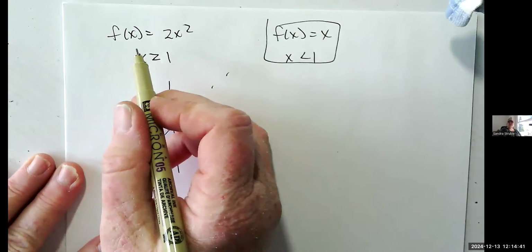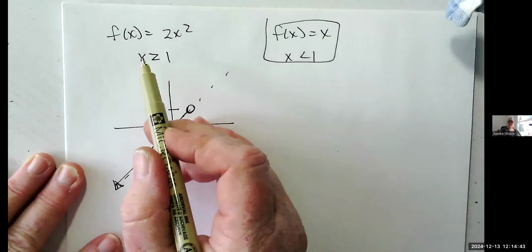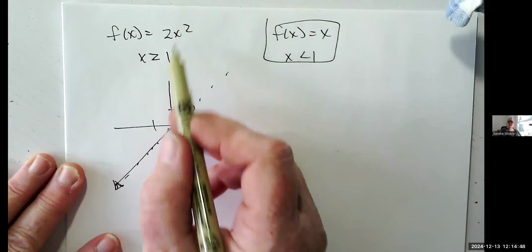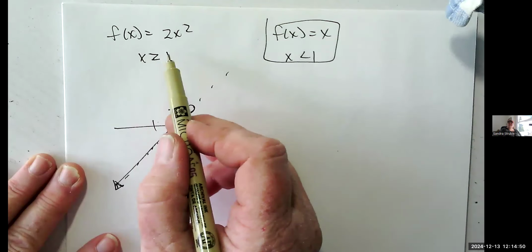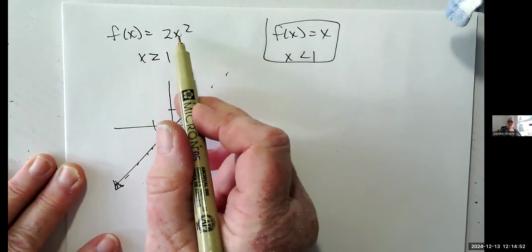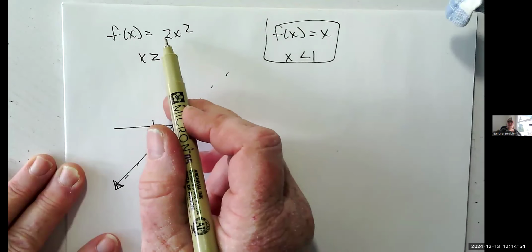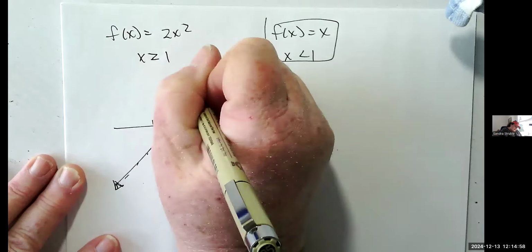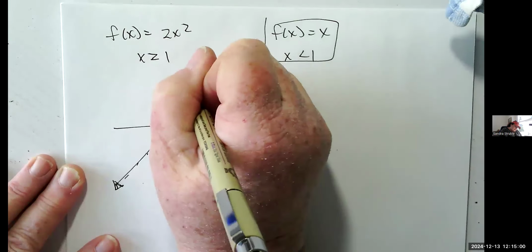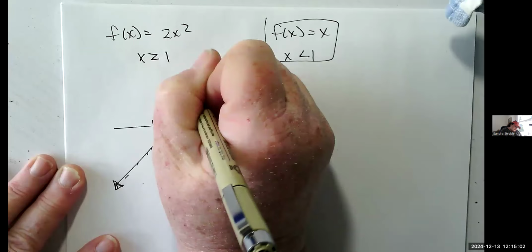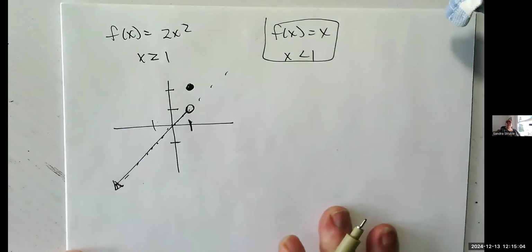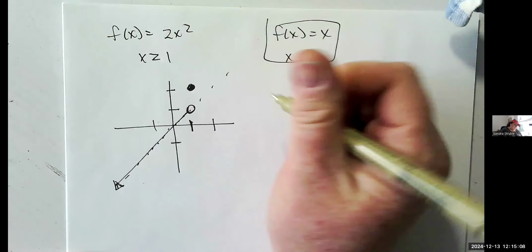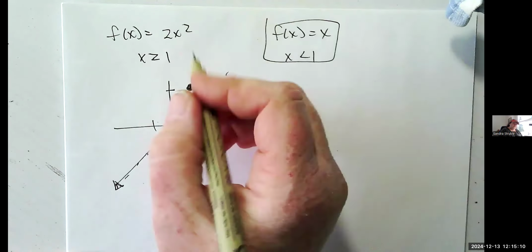Now I need to do the one for this one, where x is greater than or equal to 1. If I plug a 1 in here, I'm going to know where this is going to start. 1 squared is 1. 1 times 2 is 2. So 1, 2, and it's included, is where it starts. If you want to plug in the next number, 2, you can get your second point because it's only going to be to the right.